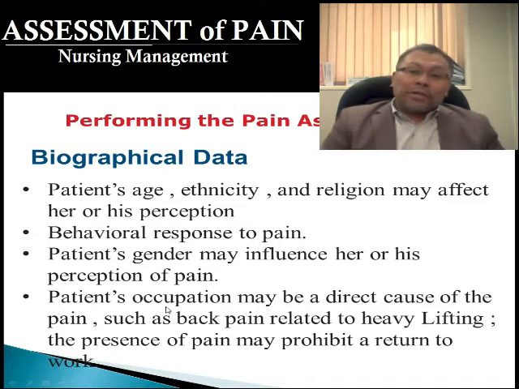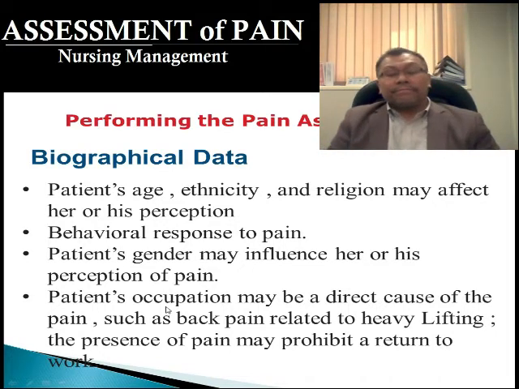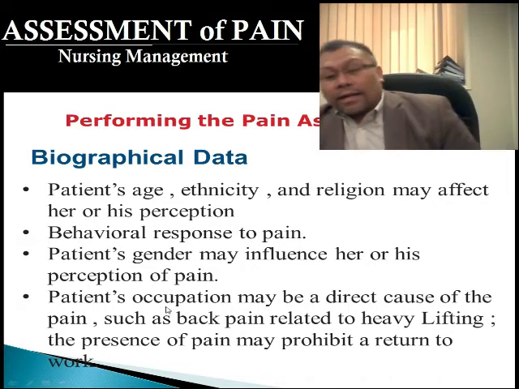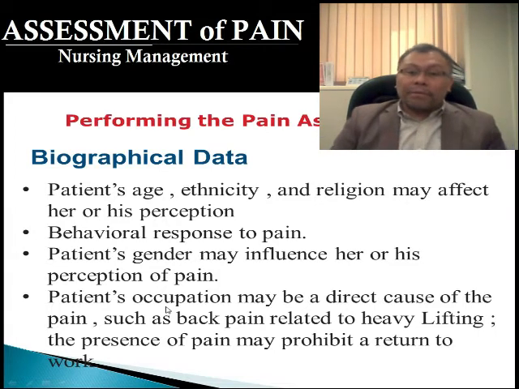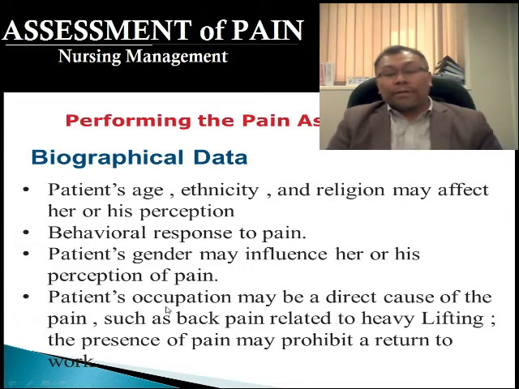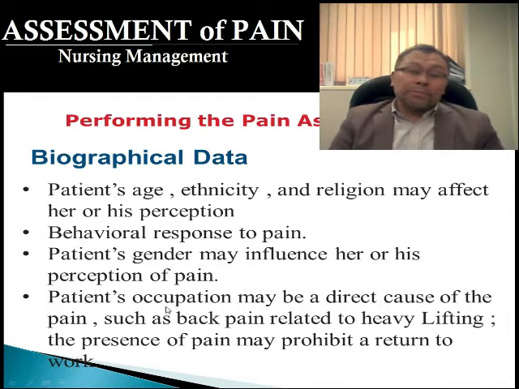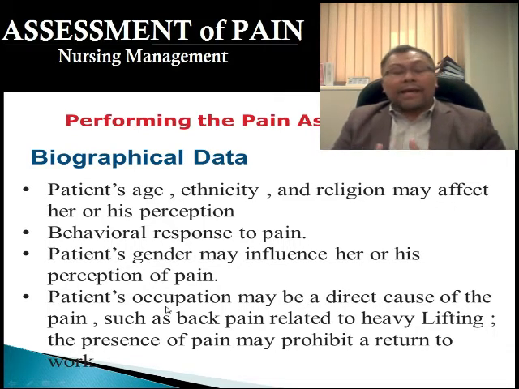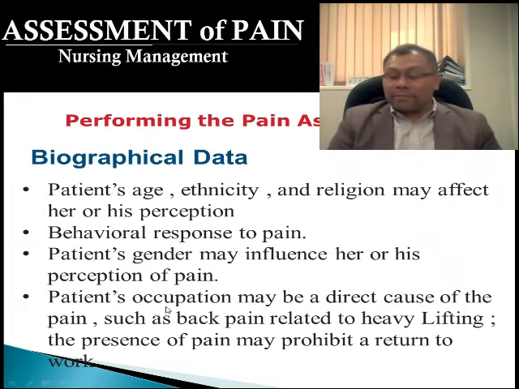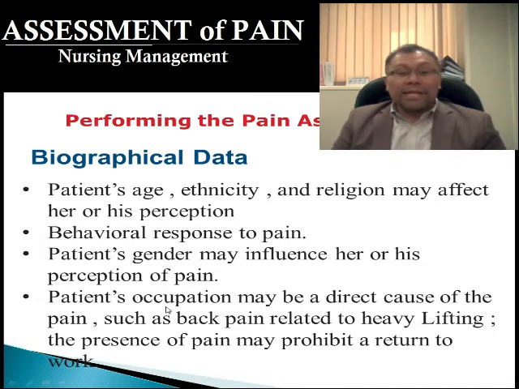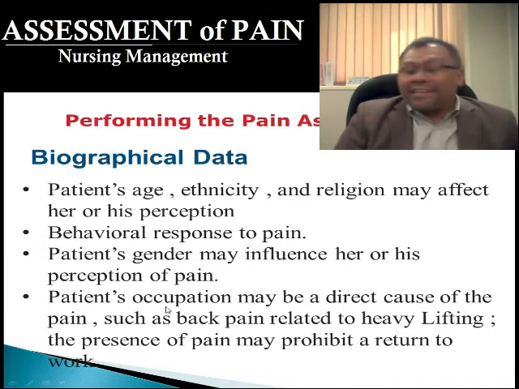So patients' occupations may be a direct cause of the pain, such as back pain related to heavy lifting, and presence of pain may prohibit a return to work. So this is common to men. You know, men, the head, the patriarch of the family, whatever is the difficult thing to do, the heaviest thing to do, you are going to do it first.